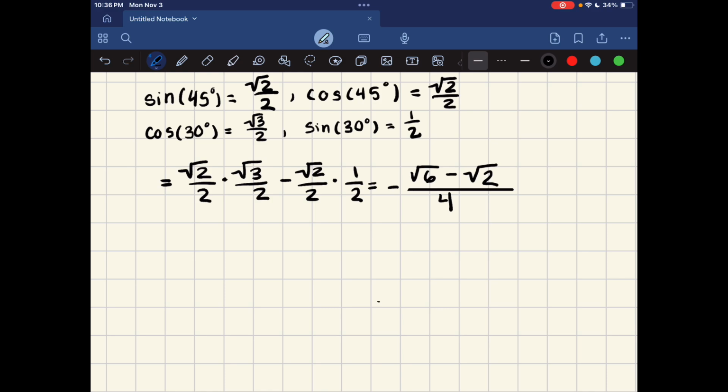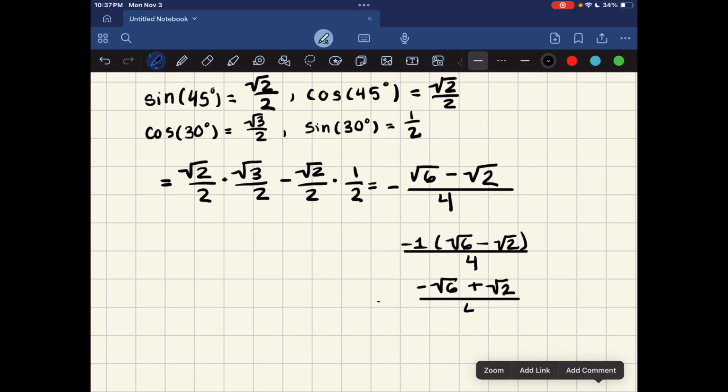So we're going to rewrite it down here: negative 1 times square root 6 minus square root 2, over 4. We distribute the negative 1 to both terms in the parentheses, so we get negative square root 6 plus square root 2 over 4, and we usually write the positive term first.